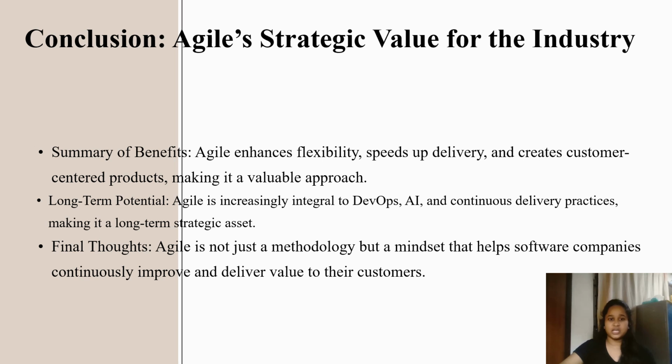And long-term potential: agile is increasingly integral to DevOps, AI, and continuous delivery practices, making it a long-term strategic asset. My final thought on agile is that it is not just a methodology but a mindset that helps software companies continuously improve and deliver value to their customers.